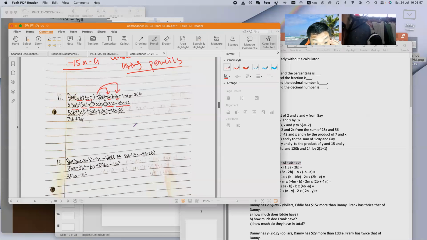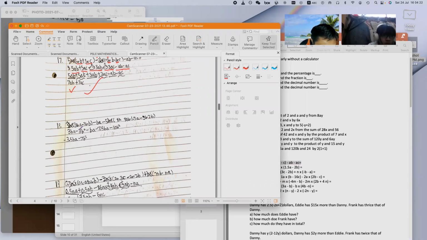So this one is 5ab, 5ac, plus. Okay, this is plus. So 5ab, 3ab minus. Good.